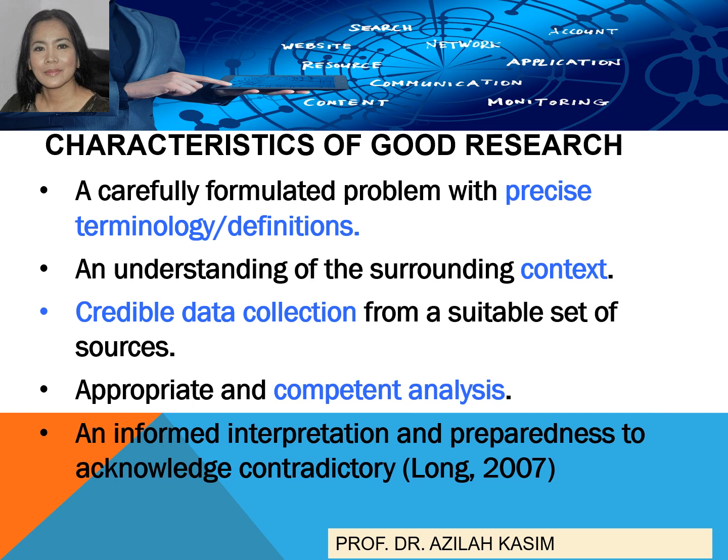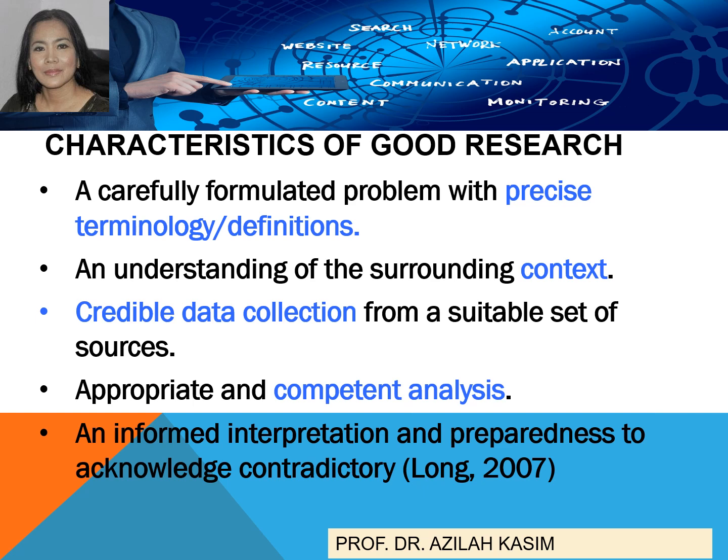And so we also need to have a good interpretation of our research finding and preparedness to acknowledge contradictory findings. This means sometimes our results are not exactly as we thought it would be. So we still have to accept that as our result, and try to justify it by looking more closely into the context.